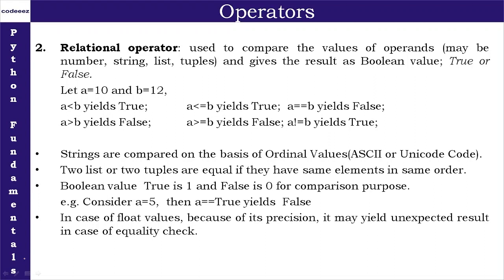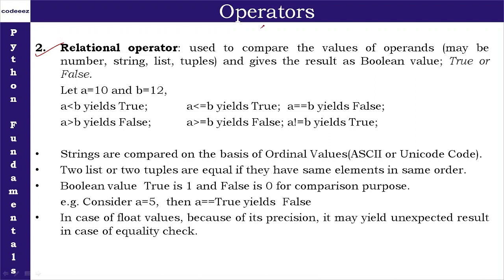Now here comes the relational operator, also termed as comparison operator. The relational operator is basically used to compare two values. It is used to make a relation between two values, and it gives you the result in the form of true or false. That is, it gives you a logical result. What are those relational operators?